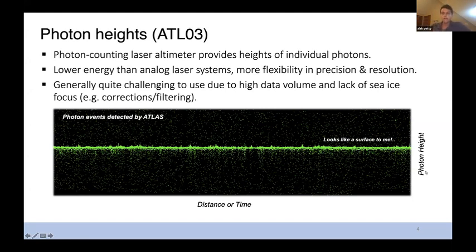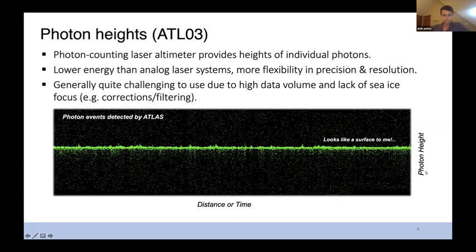It's a really high data volume data set, especially if you want to look at monthly or seasonal timescales. There's some corrections that have been included, but not all of the corrections that we might need for CI's research. So it can be a non-trivial process to go from ATL3 to really doing some good CI science. And again, Ellen's going to talk about some simple tips that might help you do that.